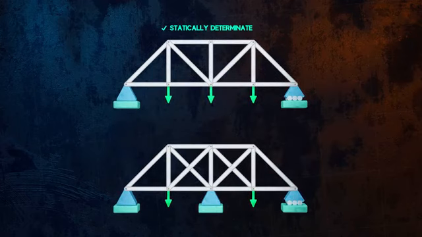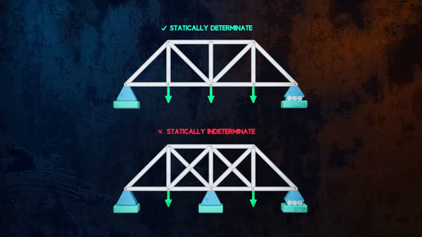This means we may not be able to apply the method of joints or the method of sections, because we have too many unknowns and not enough equilibrium equations, either to determine the reaction forces or to determine the internal forces within the truss. These trusses are said to be statically indeterminate, and would need to be solved using other methods like the force method or the displacement method, which I won't get into in this video.